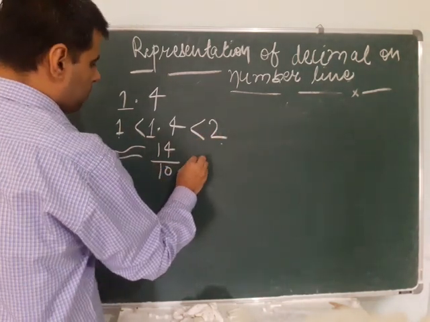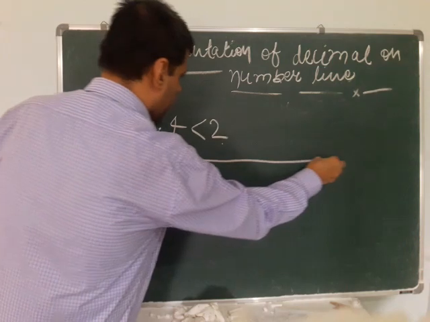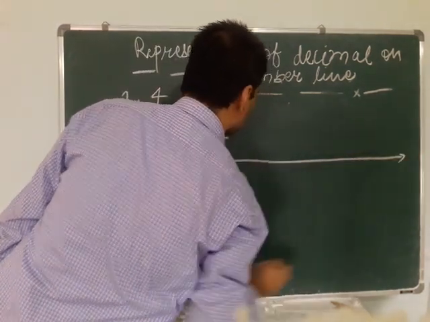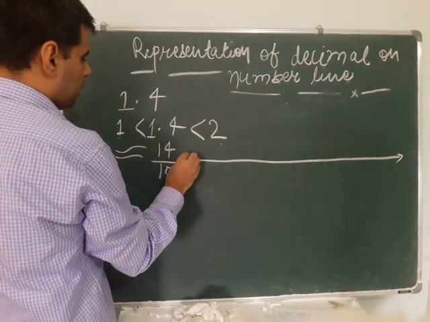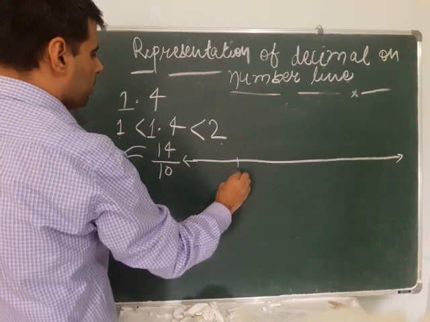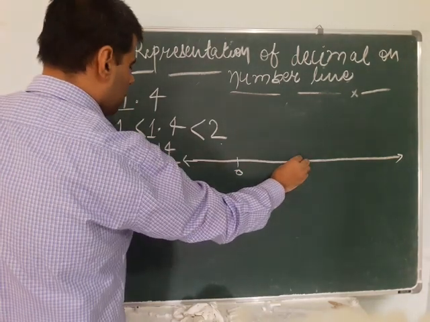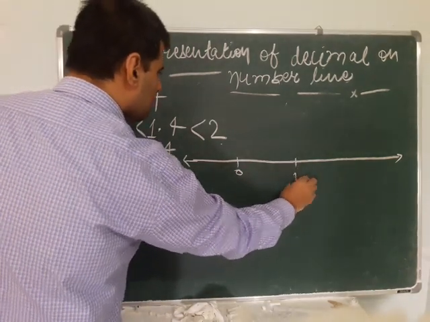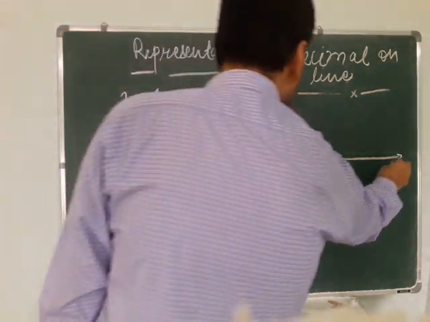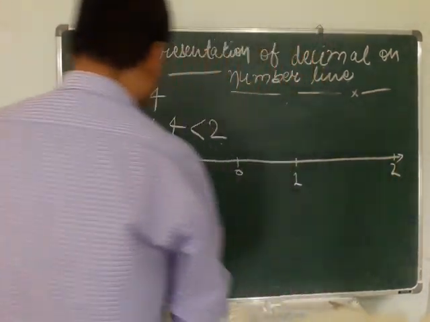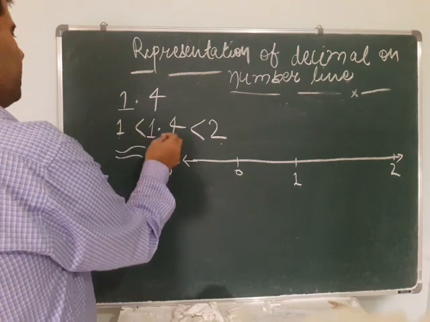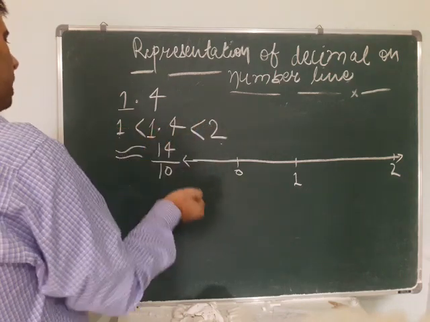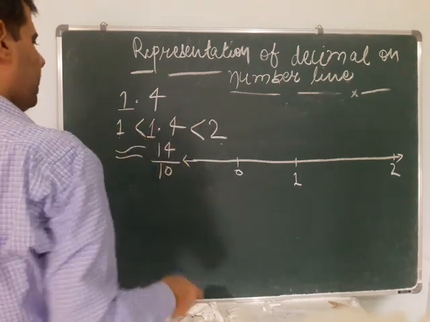Suppose this is a number line. This is 0. This is 1. And this is 2. Since 1.4 lies after 1 and before 2, that means it lies between 1 and 2.